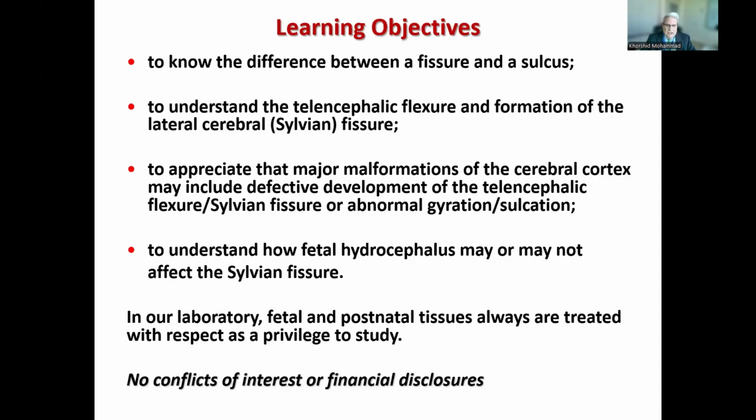And so the learning objectives are, first of all, to know what the difference is between a fissure and a sulcus, and then to understand one of the principal fissures, which is a telencephalic flexure that forms the lateral cerebral fissure, which is called the Sylvian fissure after the operculum closes, and to appreciate also major malformations of the nervous system that may include defective development of the telencephalic flexure or abnormal gyration and sulcation.